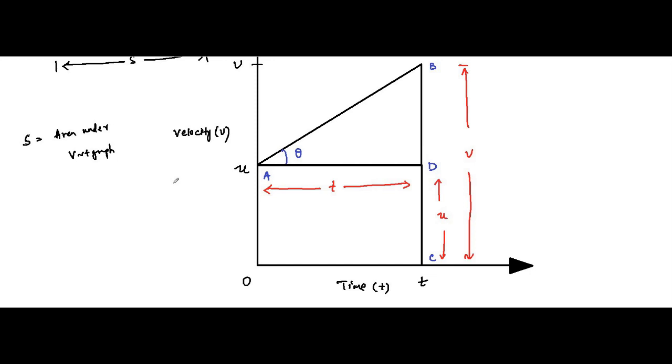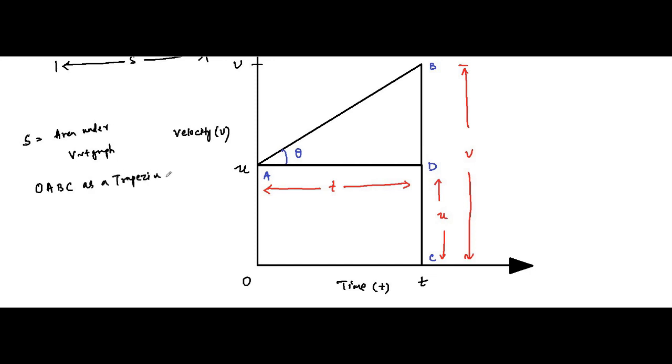Now in s is equal to ut plus half at square, we divided this whole area OABC into a rectangle and triangle. Now we will consider OABC as a trapezium.